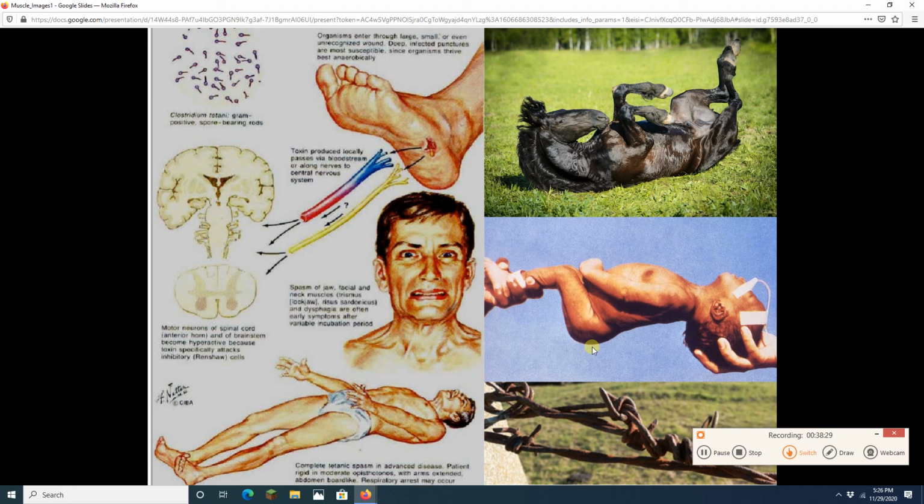A tetanus shot, of course, lets your immune system protect against this bacterium and its toxins. And if you haven't had a tetanus shot in a long time, it might be a good idea to get one. So there's a relationship here between tetanus, the bacterium, and tetanus, the idea of complete muscle contraction.